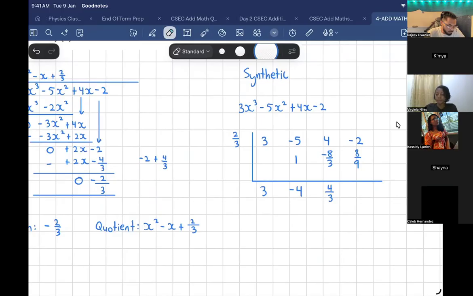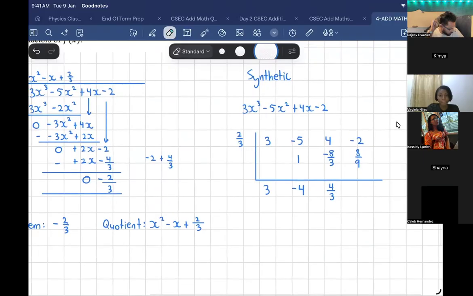So for 3 and negative 5, that would be for different x powers. The 3 would be 3x squared, and then the minus 4 would be minus 4x, and then positive 4 over 3. But that still wouldn't be the answer because the first answer is x squared. Yeah, I know something is wrong, but that is just how we did it.